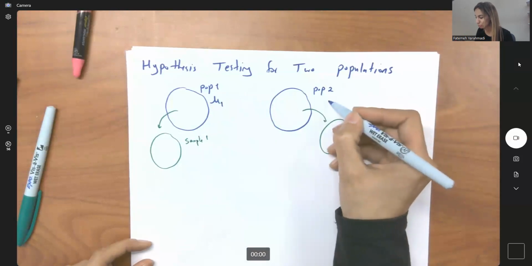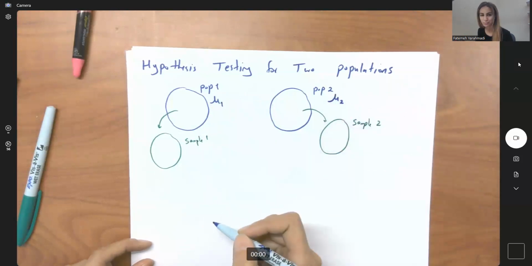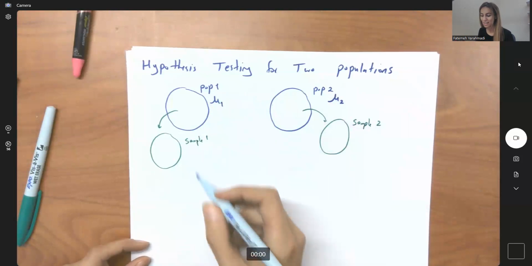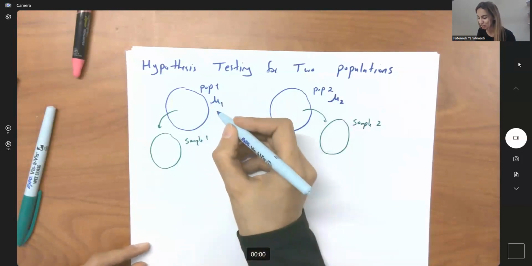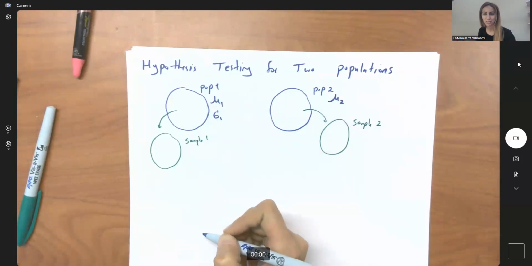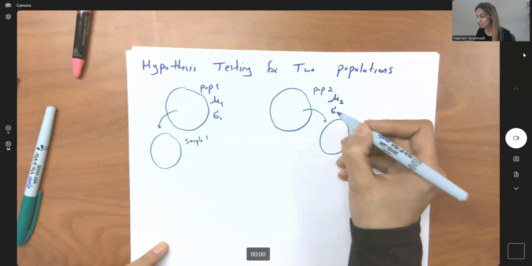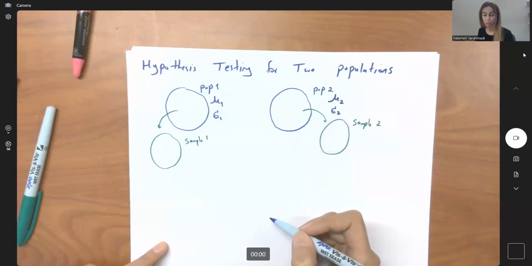And for second population, we're going to use mu sub 2. Each set has a standard deviation. So sigma sub 1 is the standard deviation for the first population, and sigma sub 2 is the standard deviation for the second population.